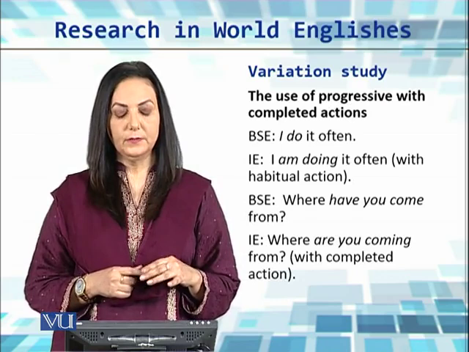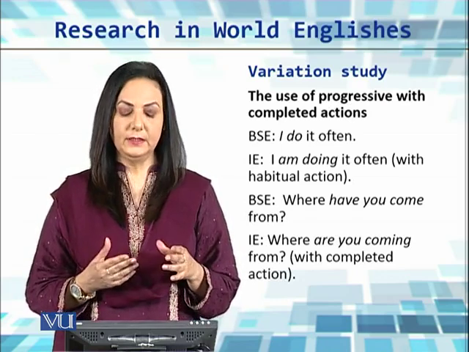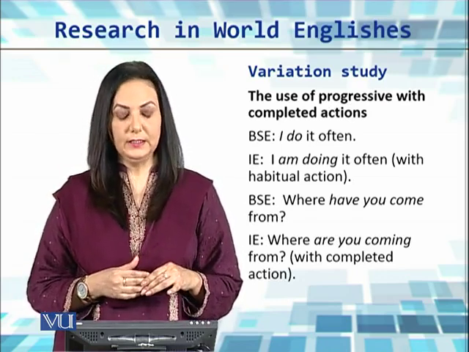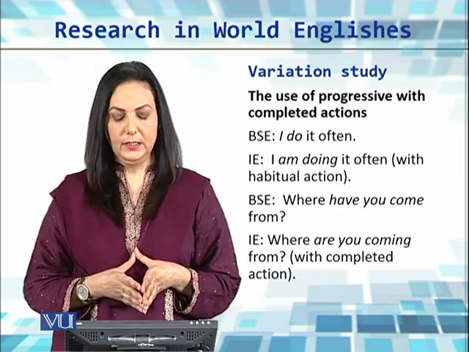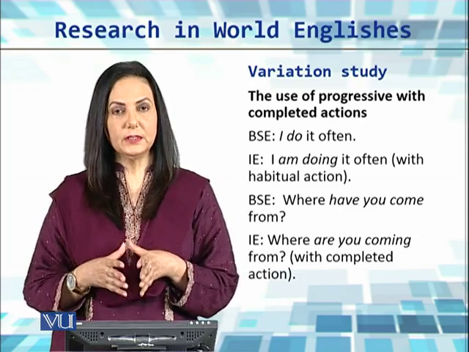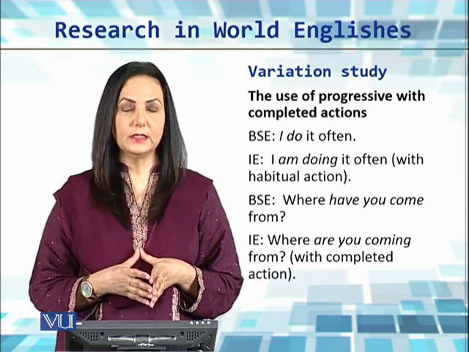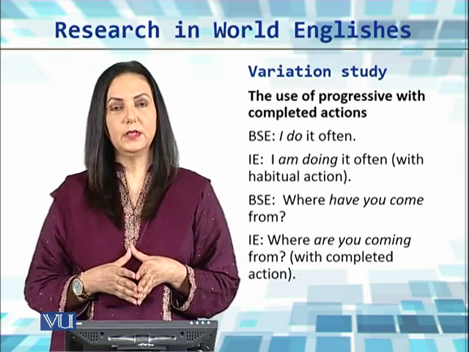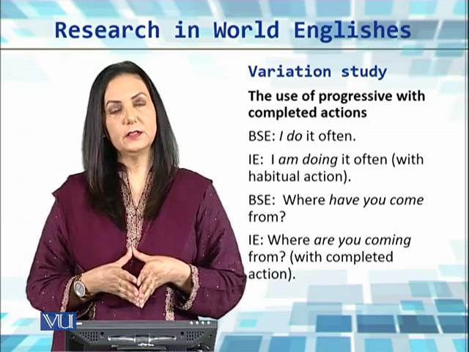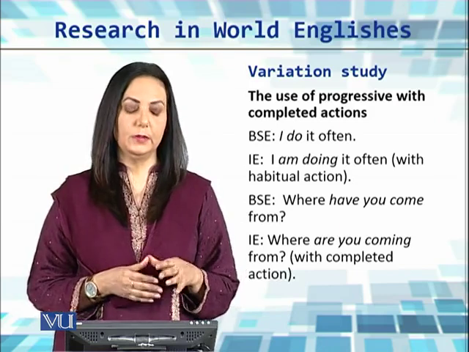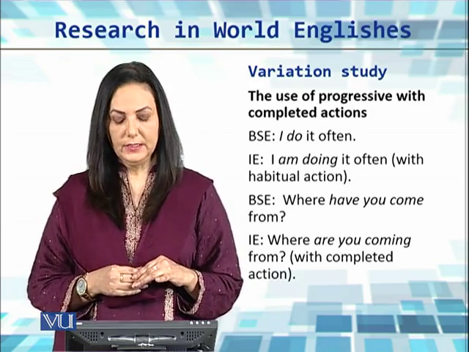However, we often hear in Indian English and also Pakistani English a sentence like, I'm doing it often. So we use present continuous tense in the outer circle English, even with habitual actions, although what the rule says is we use simple present tense to talk about habitual actions.